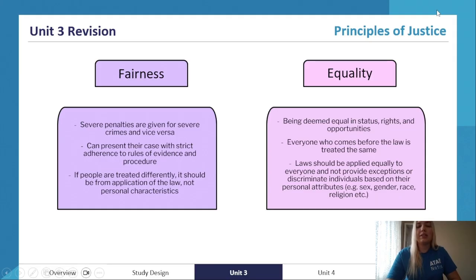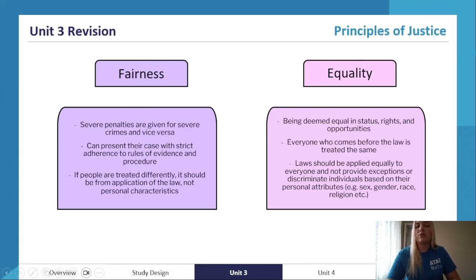And if people are treated differently, it's due to application of the law, such as considering aggravating factors, mitigating factors, victim impact statements, whether a guilty plea was provided or not. So it's always from application of the law, not because of personal characteristics, not because the judge pities someone, for instance, or likes the accused better than the victim. There's no bias in fairness. So that's important. Fairness is associated with no bias.